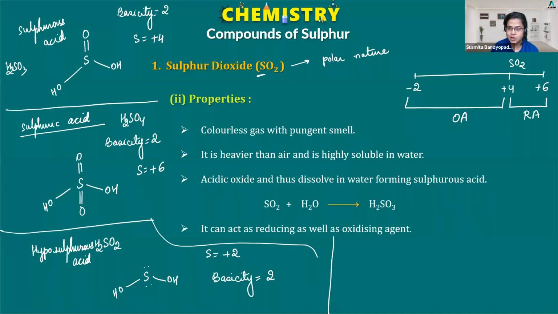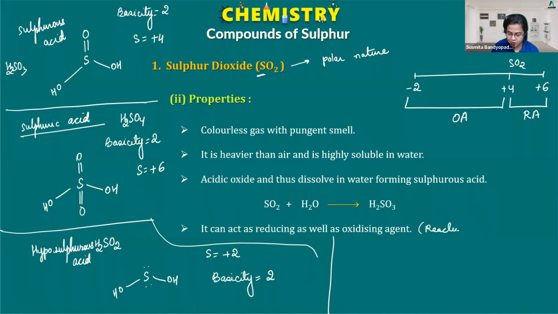Non-metals love acidic nature. So sulfur here would be happy to go to the plus 6 state. If it goes into its plus 6 state, it's more acidic now, and non-metals being more acidic is a good thing. Metals should be more basic, non-metals should be more acidic. So it can go for both.